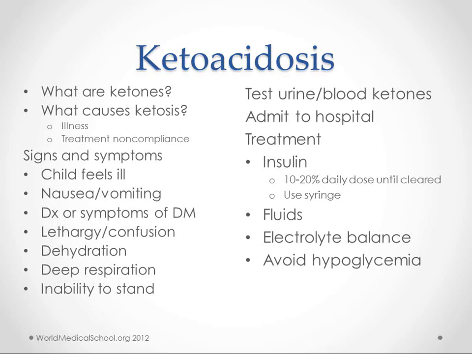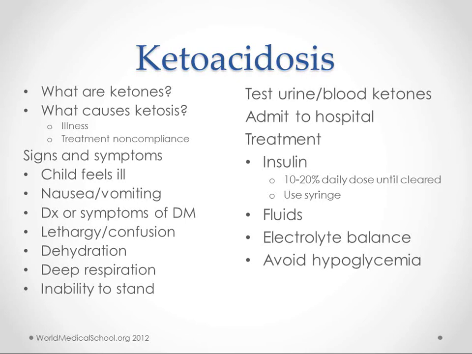So the signs and symptoms, a lot of times these kids just feel sick. If you have a type 1 diabetic who feels sick, test their ketones, especially if they have any vomiting. If they have vomiting, then you really need to suspect ketoacidosis. And if it gets worse, then they can get lethargic, they can get confused.